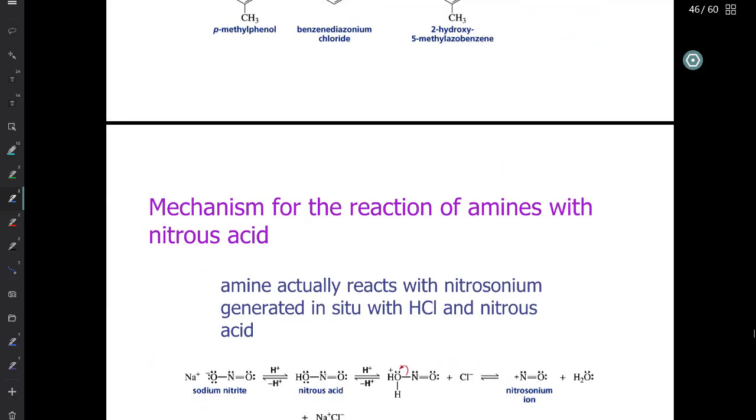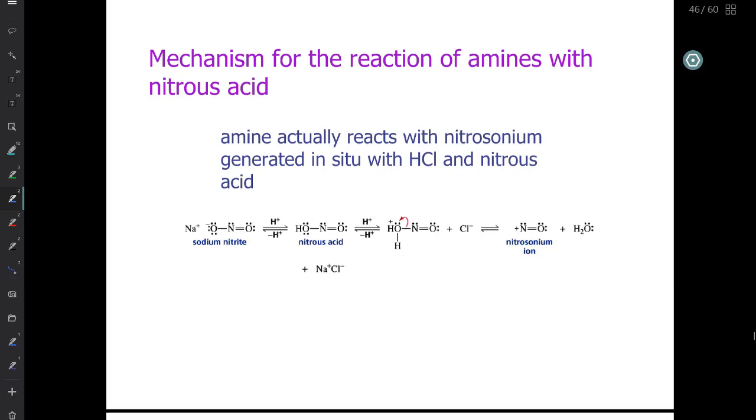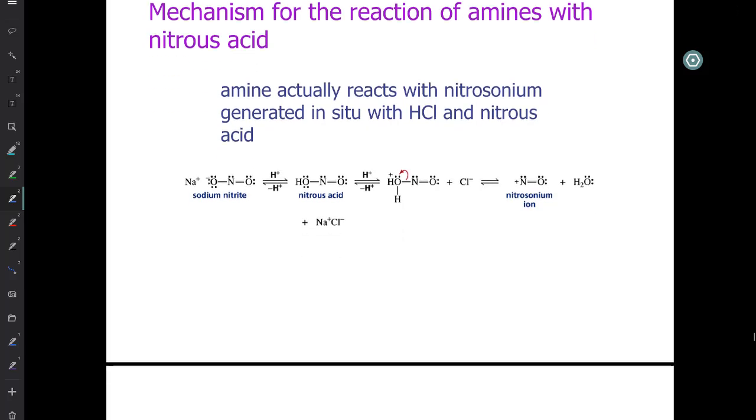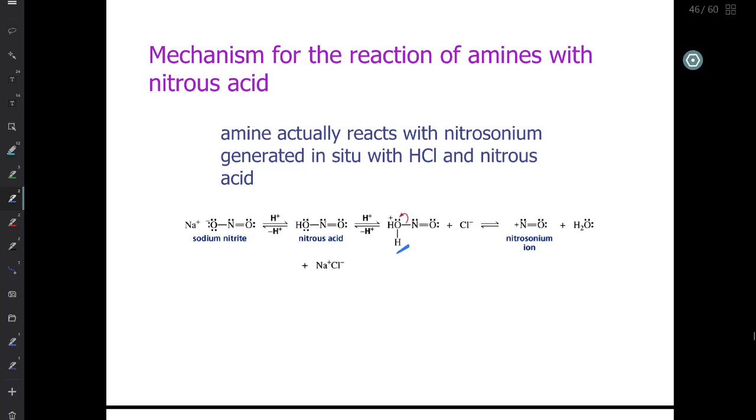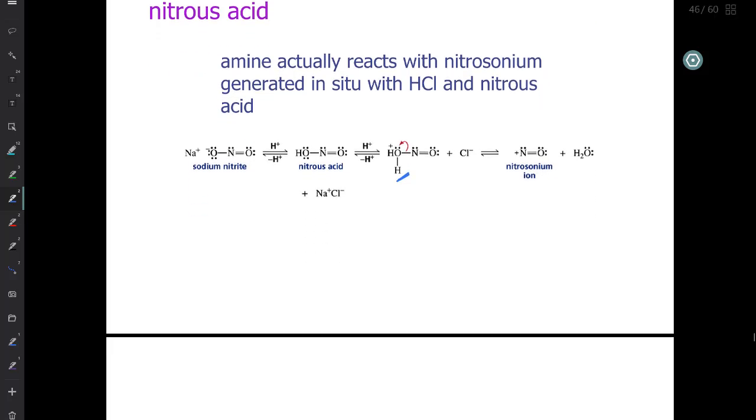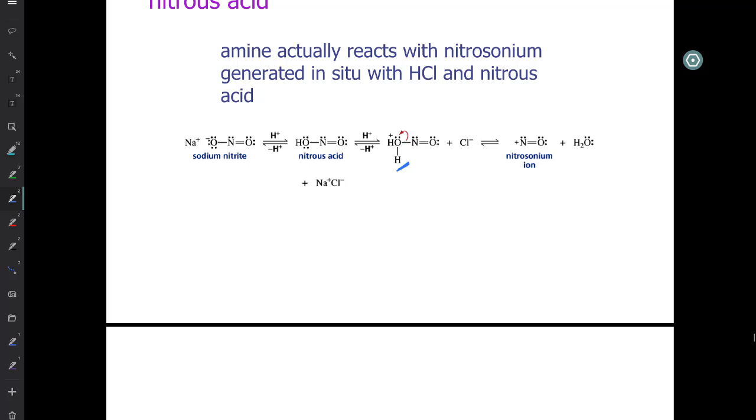Now, the formation of the diazonium salt is shown on these next two slides, and I would like you to know what that reaction is. It's really similar to the nitration and sulfonation reactions in that you use an acid to protonate one end of the nitrous acid. In this case, it's hydrochloric acid, and then that group leaves and gives you this nitrosonium ion.